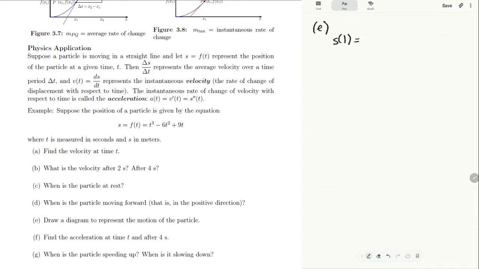So the position at time 1 is given as 1 cubed minus 6 times 1 squared plus 9 times 1. So that is 1 minus 6 plus 9, which is 4. And the position is measured in meters.